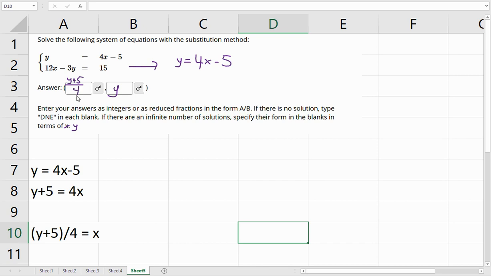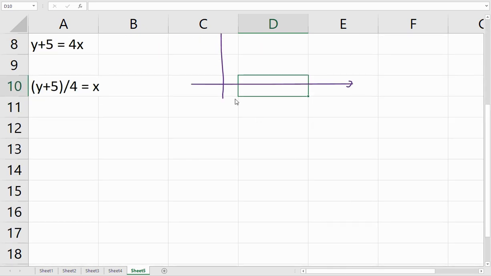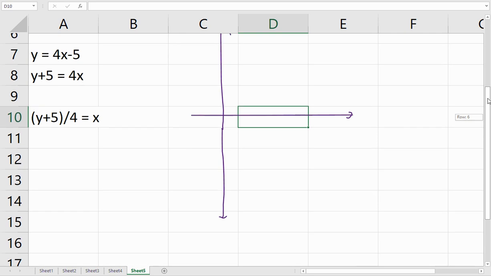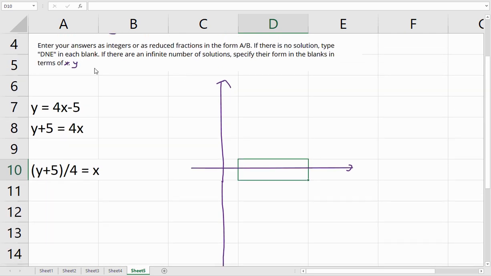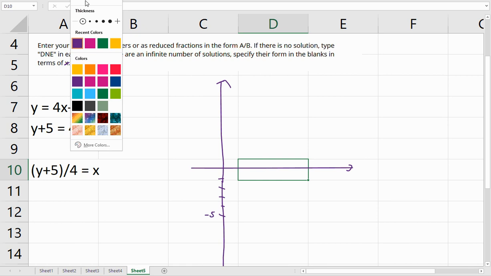Okay, and to see that this is true, if you were to actually graph this line, let's bring it down a little more like this. If we were going to graph y equals 4x minus 5 using the slope-intercept form, we would go down 1, 2, 3, 4, 5, and do our y-intercept.